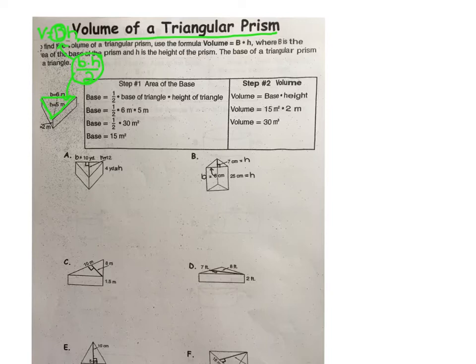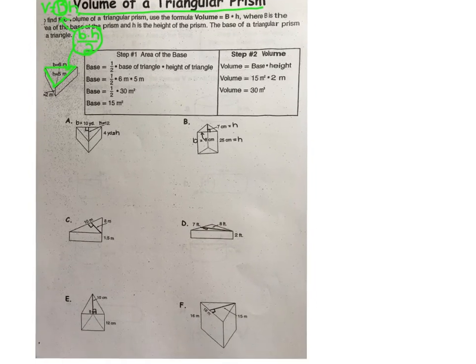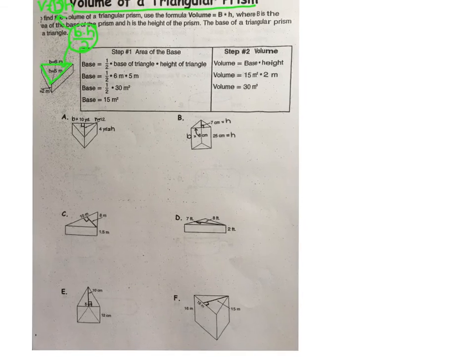But before we begin, take a moment and with your pencil, highlight the base face of each of these triangular prisms. In letter A, we see the base face is here.